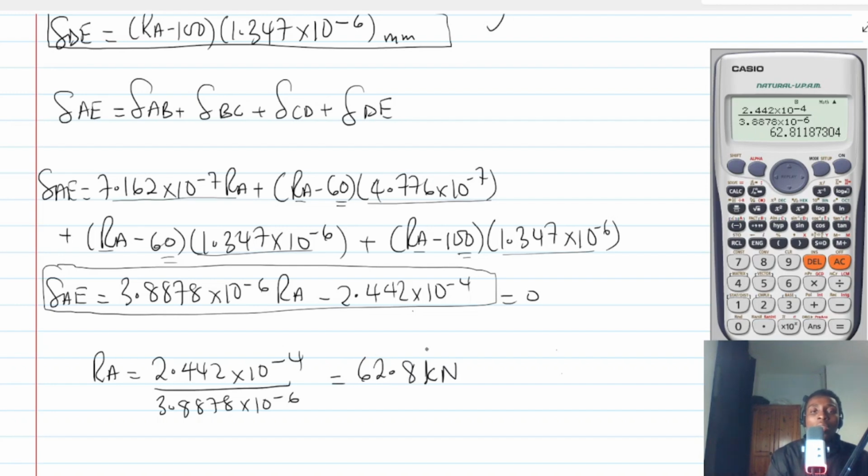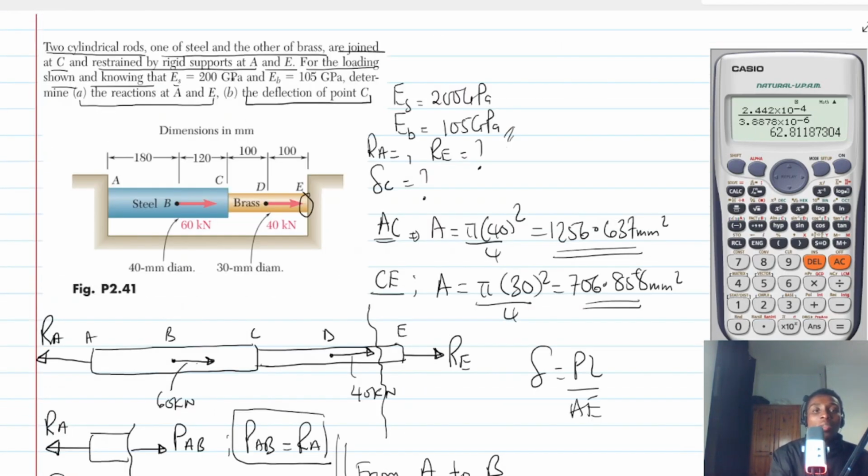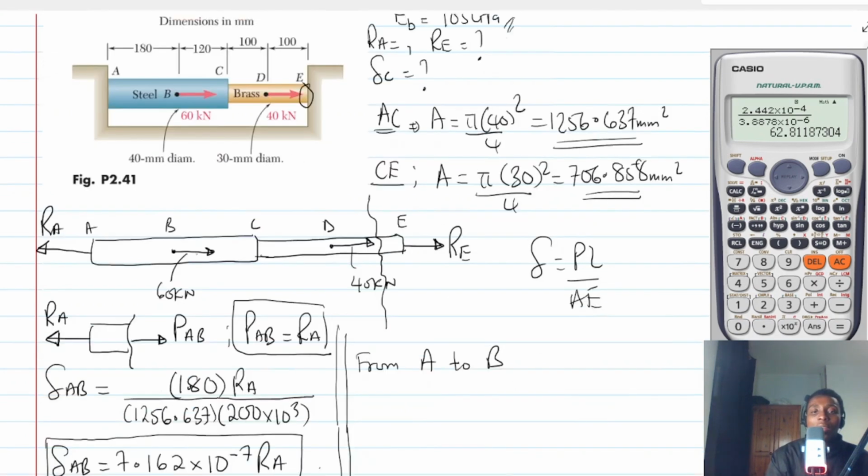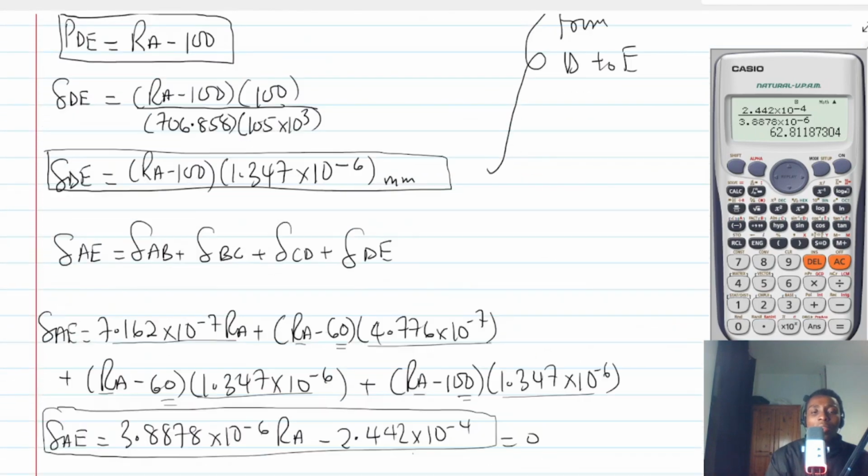All right. Having gotten RA, what can we say? Okay, so we have solved the first part, which says we should find reactions A and E. So let's solve for RE.